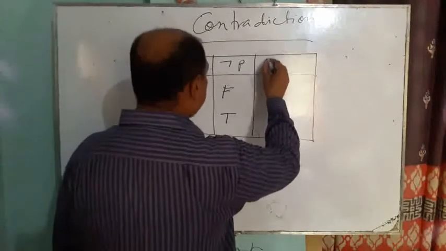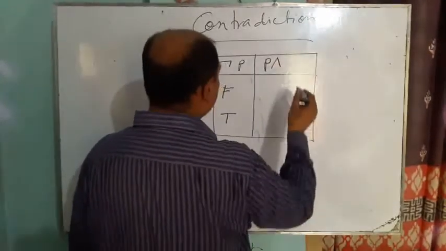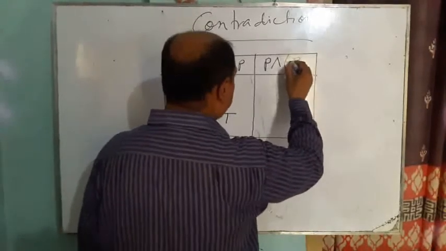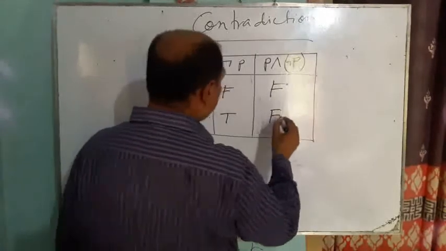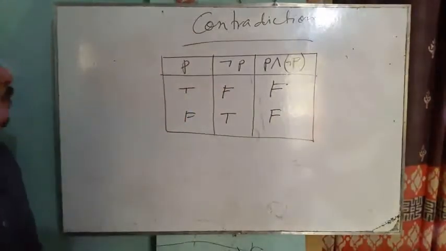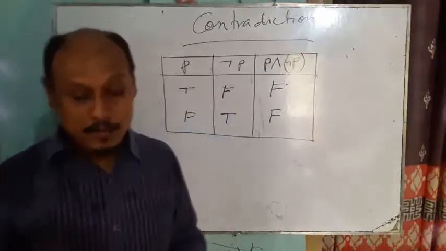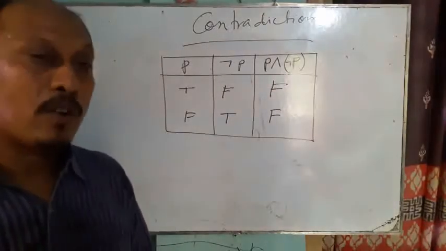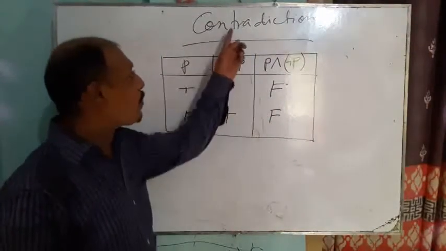Then P conjunction negative P is false, false. P conjunction negative of P is the example of contradiction.